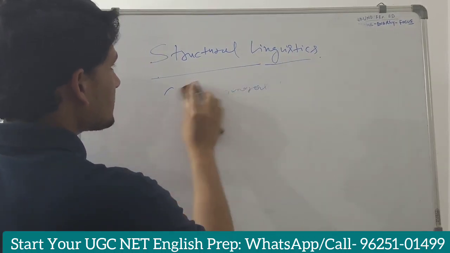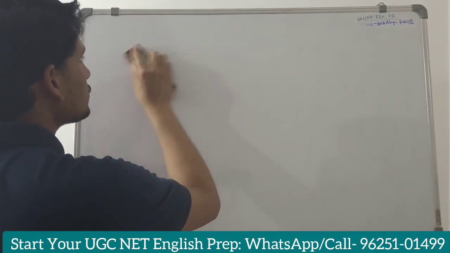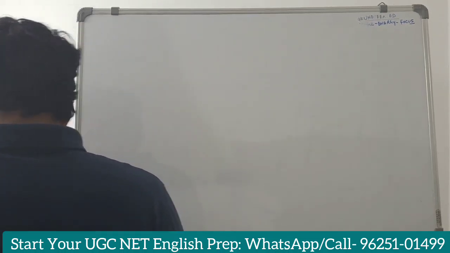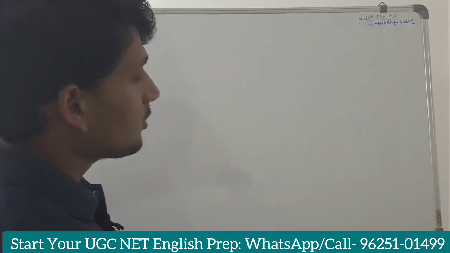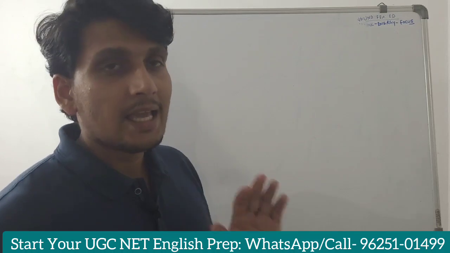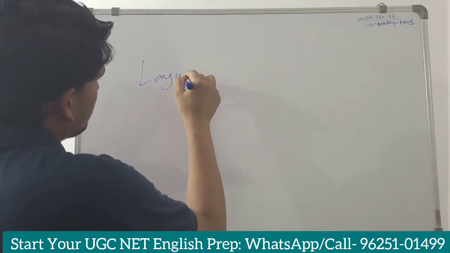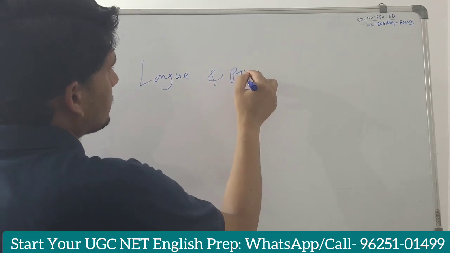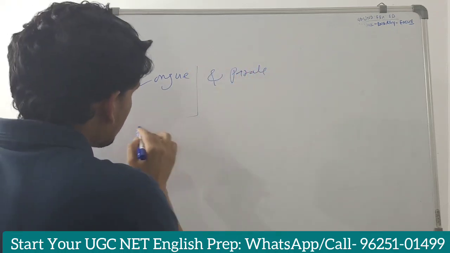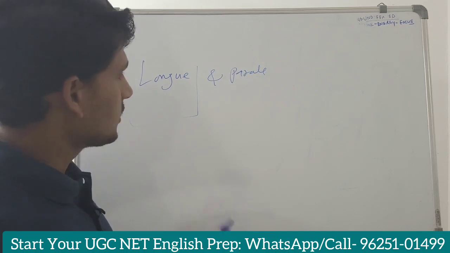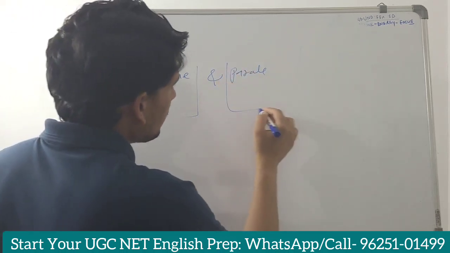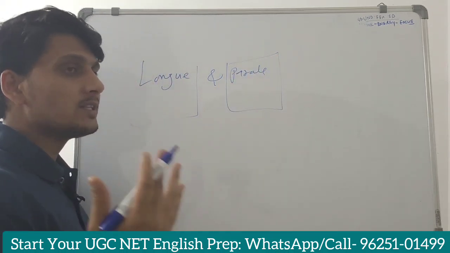Okay, beside this, Ferdinand de Saussure has given one more concept, which is called Langue and Parole. Langue and Parole. Now, Langue is the structure. Parole is the utterance that you hear, that you see.